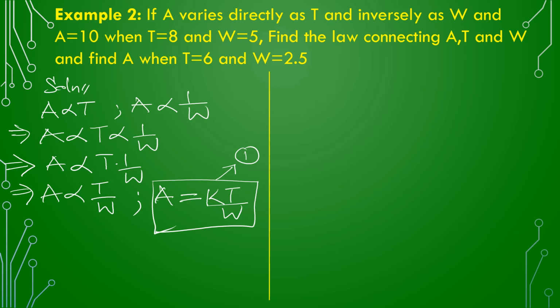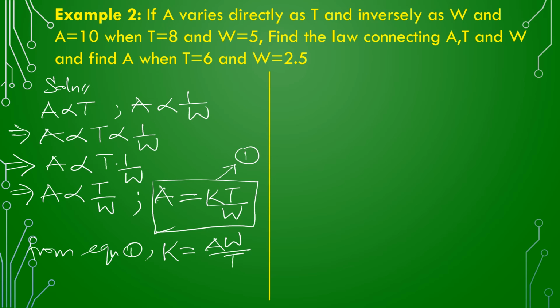Now the statement says that a is equal to 10 when t is equal to 8 and w is equal to 5. We should find the law connecting a, t, and w. Now don't forget, you must look for the k first. So from equation 1, k is equal to aw over t.